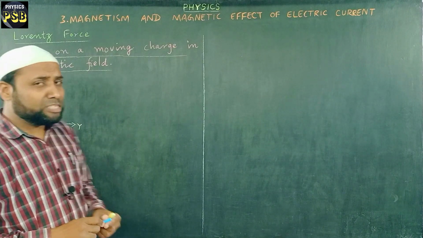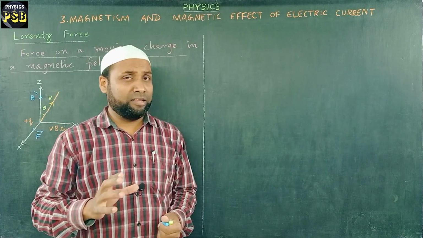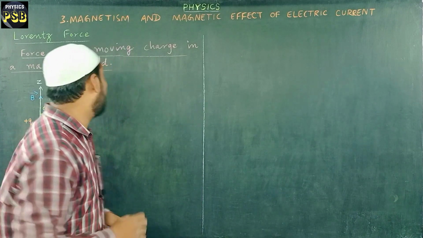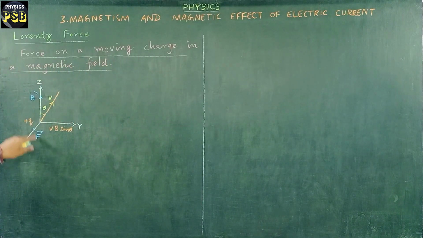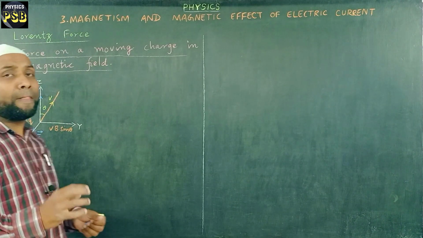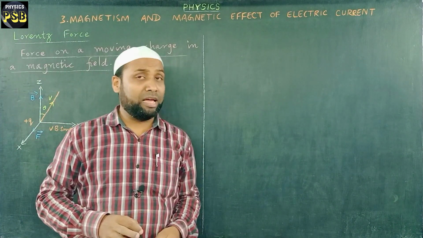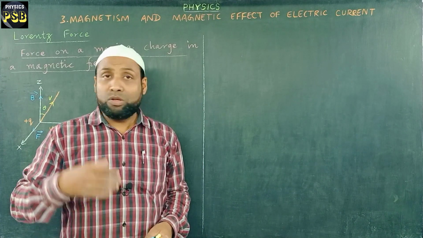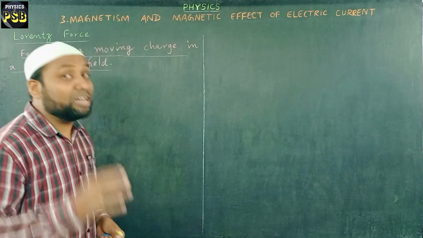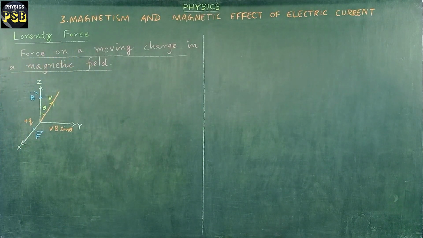This force was studied by H.A. Lorentz, so it is known as Lorentz force. It is also known as magnetic force, otherwise known as magnetic Lorentz force. It is named after a scientist to honor him.